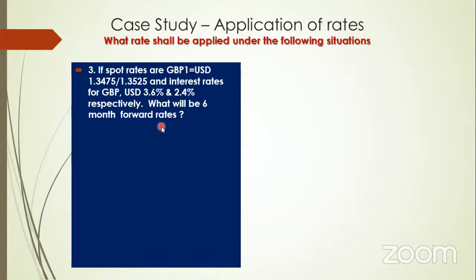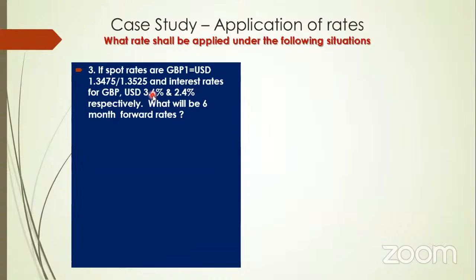Now I have changed the pattern. Now I have given pound versus dollar. Which is the higher interest rate? Pound is higher, correct? So the pound is at a higher interest rate, and the pound will be at a discount in the forwards.